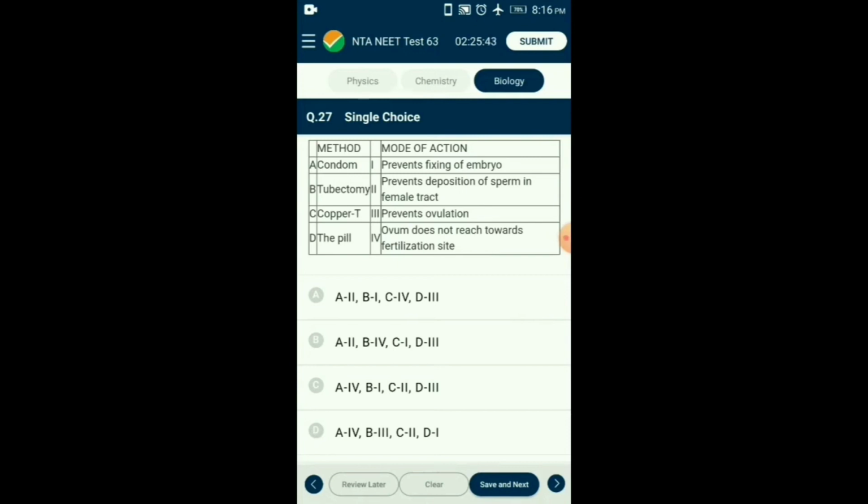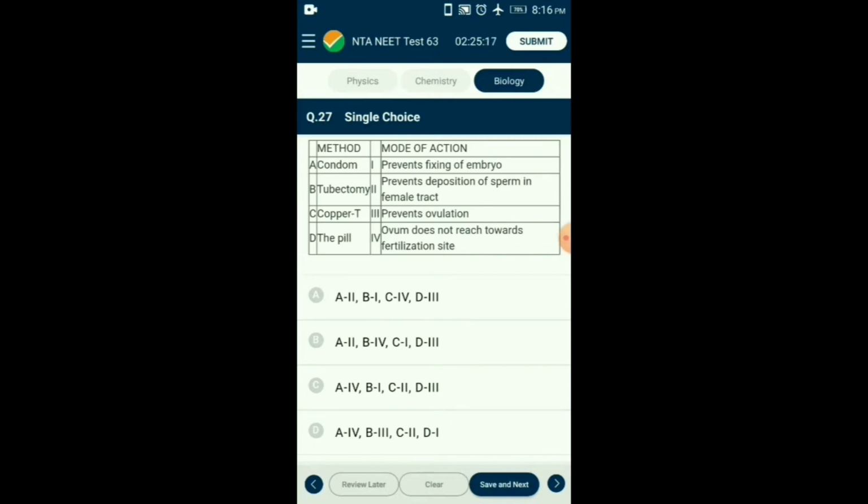Tubectomy is a surgical process that blocks the fallopian tubes, thereby preventing the egg released by the ovary from meeting the sperm. The copper intrauterine device, generally called IUD, is a small T-shaped plastic and copper device which constantly releases a small amount of copper into the uterus and thus prevents implantation.